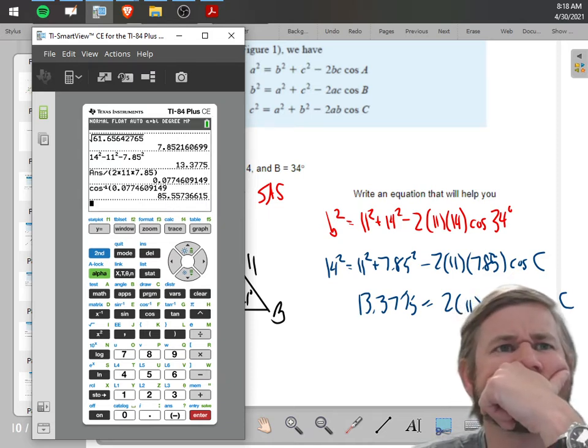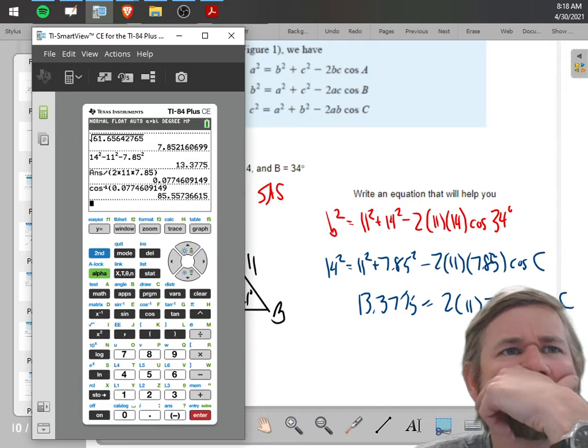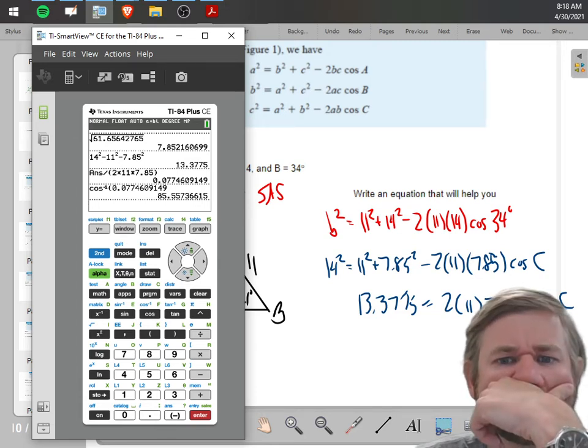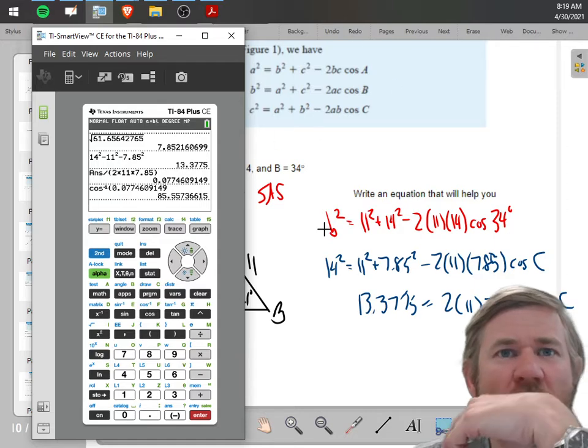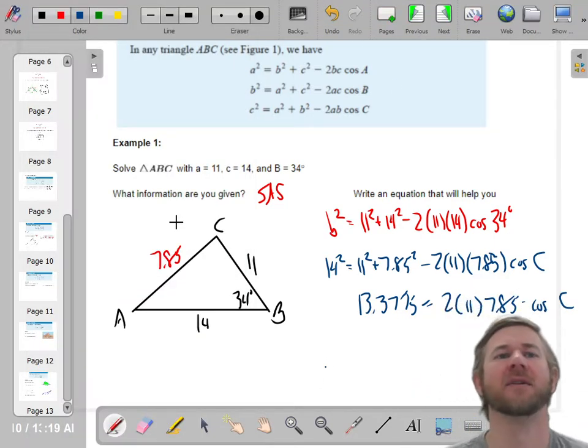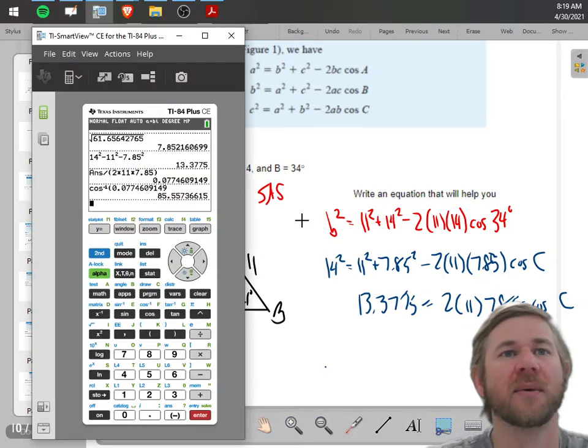I don't think that's right. Let's just keep going with it and see. C is 85 degrees. All right, now we can find angle A without too much issue.